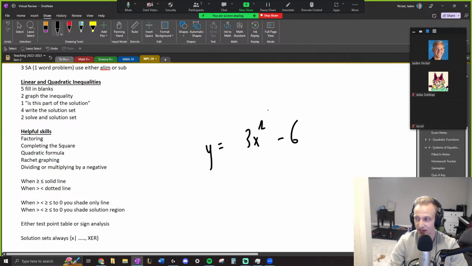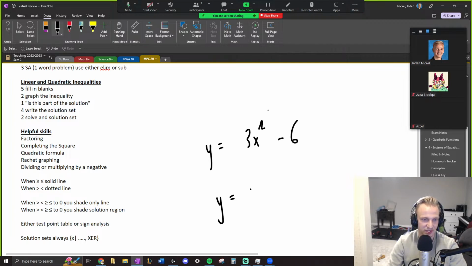If you have an equation like that, you would be able to go like 3 bracket, let's do this, x squared minus 2x, something like that. And then you'd add a ghost number into both of them. So your ghost number would be like divide by 2 and then square. So this would be plus 1.